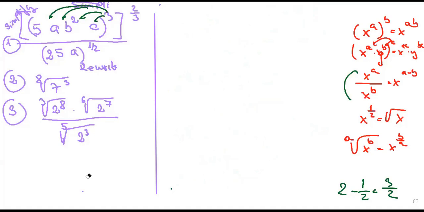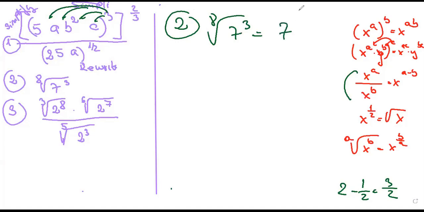Okay, so 2, root 8 of 7 to the power of 3 can be written as 7 to the power of 3 over 8. Oh, that's it? Yes. Okay.